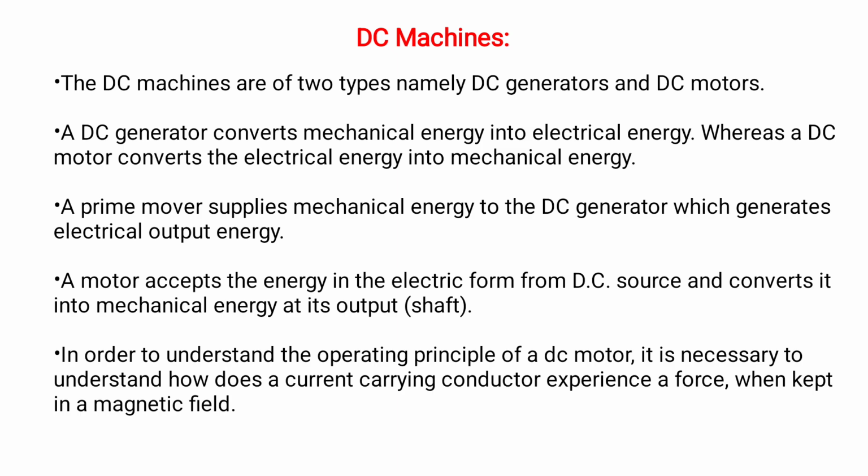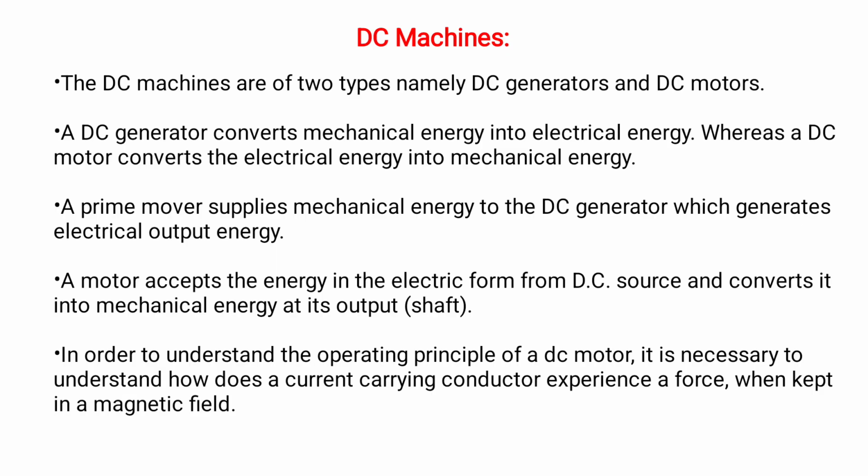DC machines are of two types, namely DC generators and DC motors. A DC generator converts mechanical energy into electrical energy. Whenever we give it mechanical energy, it gives electrical energy to us. Whereas a DC motor converts electrical energy into mechanical energy.